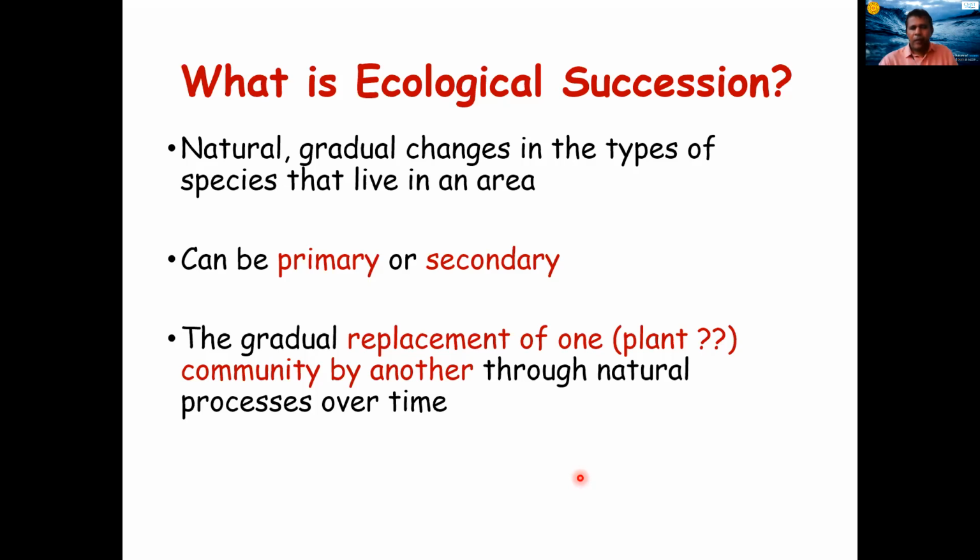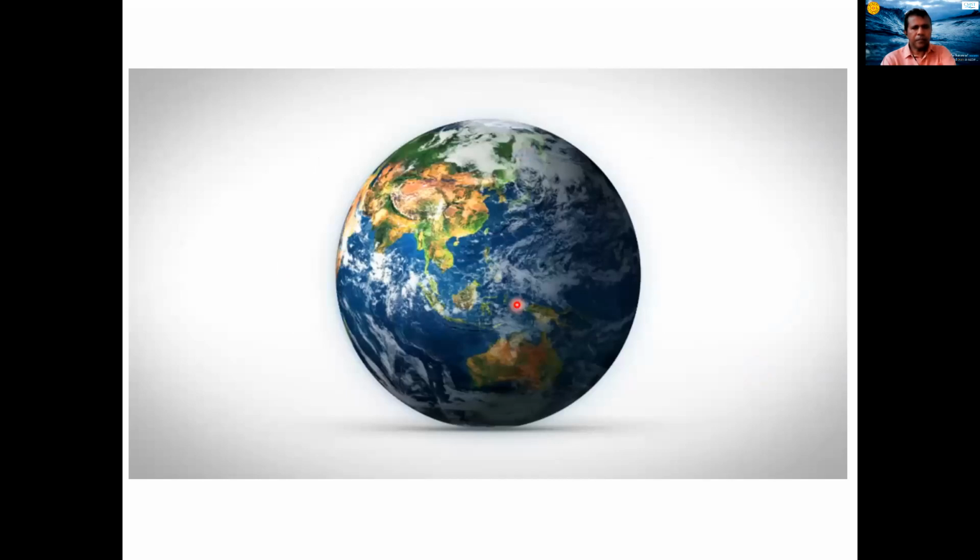The other one is when there used to be some life, it has been destroyed for some reason, and there will be another plant growth, and that we call secondary succession. So, primary succession versus secondary succession. Let me play you a small video, and then we'll talk a little bit further thereafter.